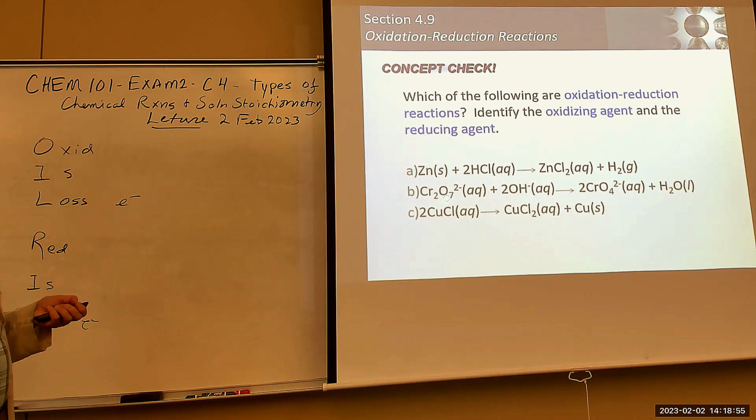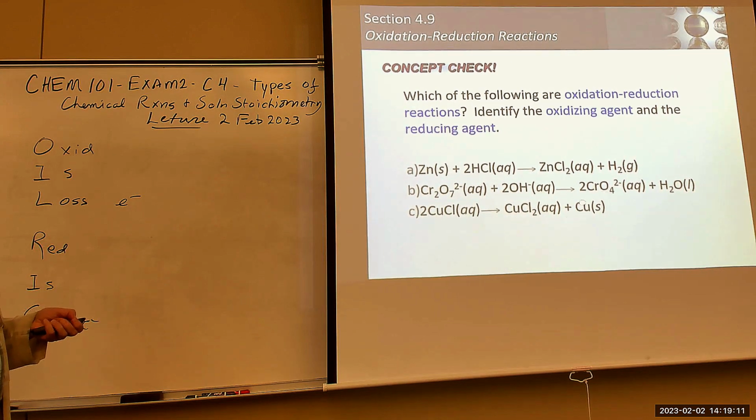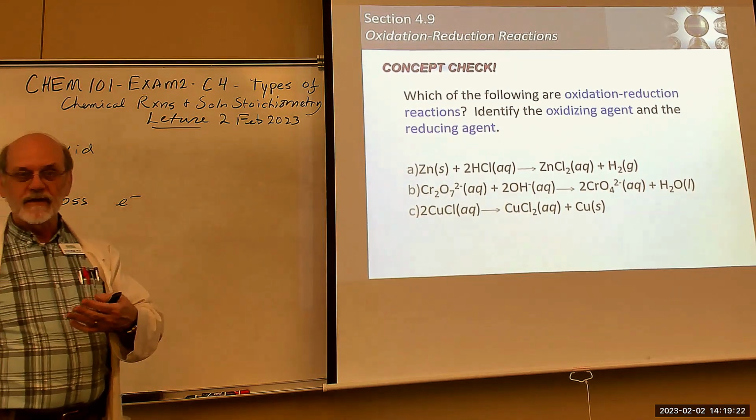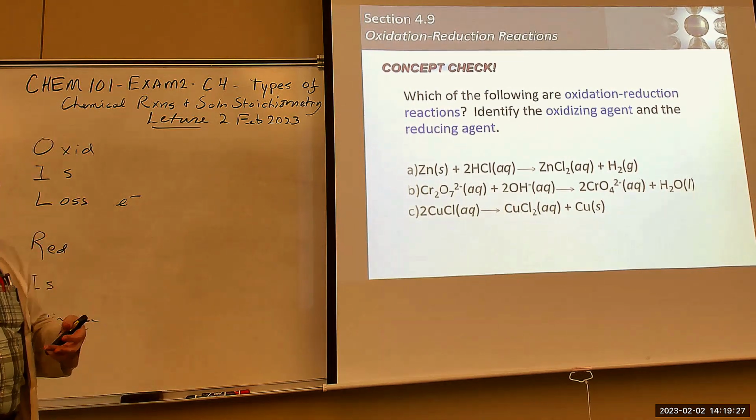Let's see, I think that's +6. This one's also +6. That's a -2, that's a +1. So there's no oxidation change here at all. This is not a redox equation. This one, yes. See that copper? That's a 0 oxidation state, but over here, it's in a compound, right? It has an oxidation charge. So yeah, A and C are both redox reactions.